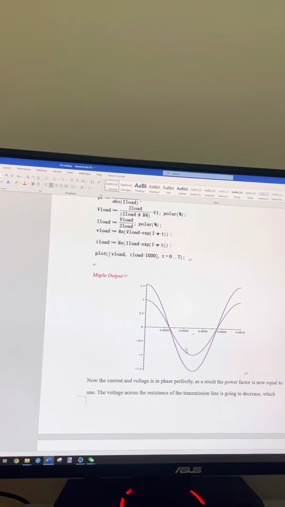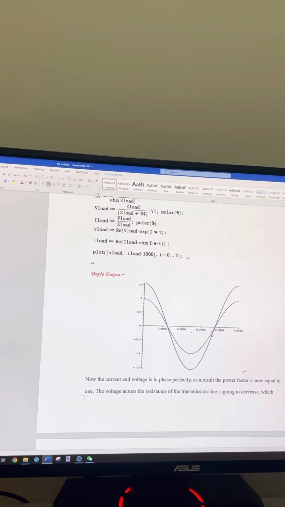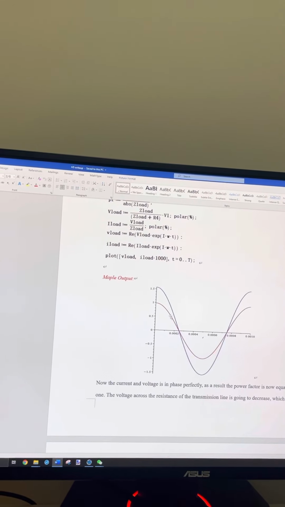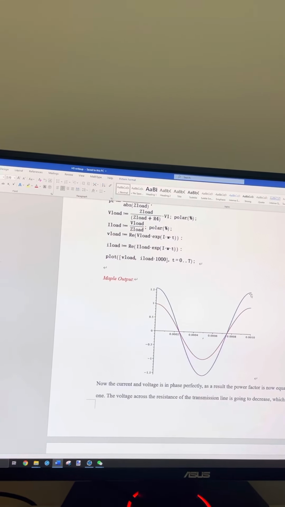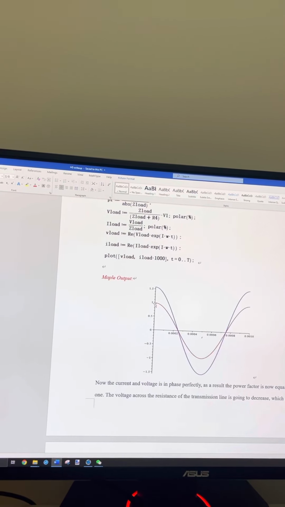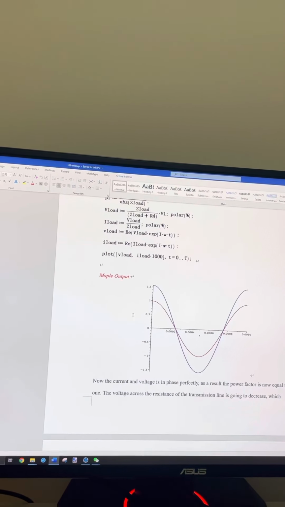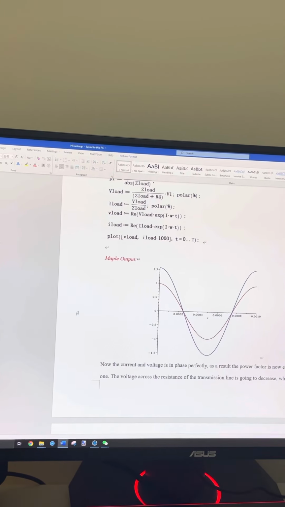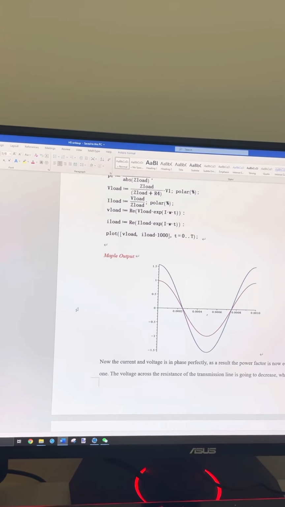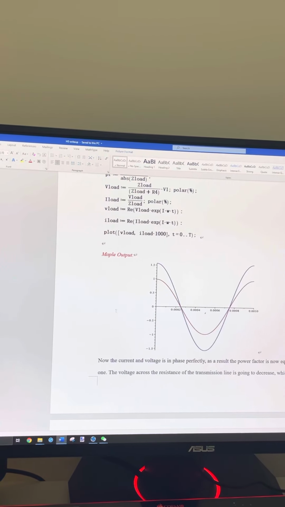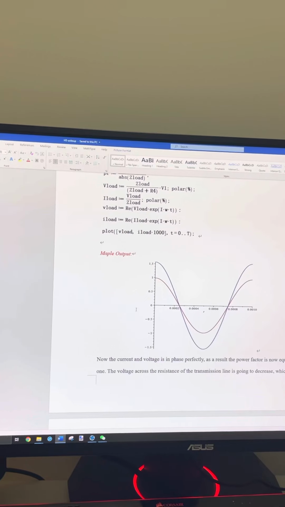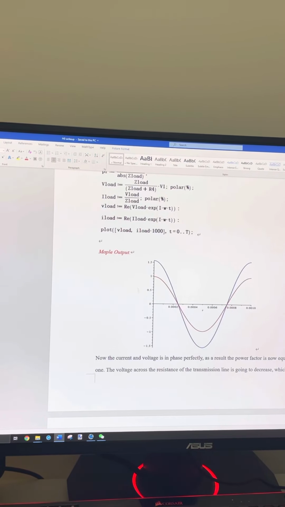With something like this, because the capacitor can also supply current half of the time when there's a need, it actually decreases the current in the circuit. Because of that the voltage is going to decrease, and the energy waste in the transmission lines is going to be decreased.